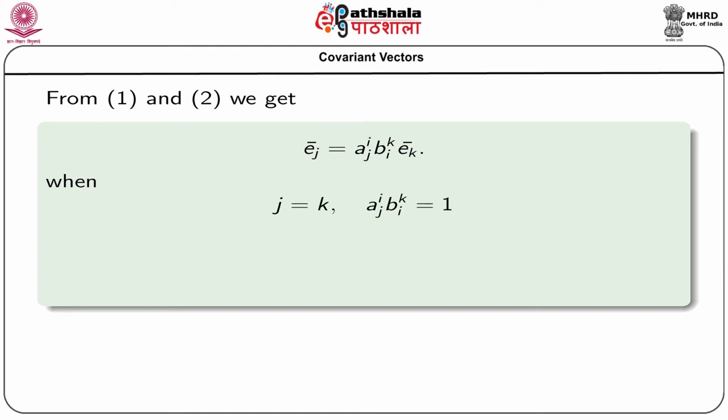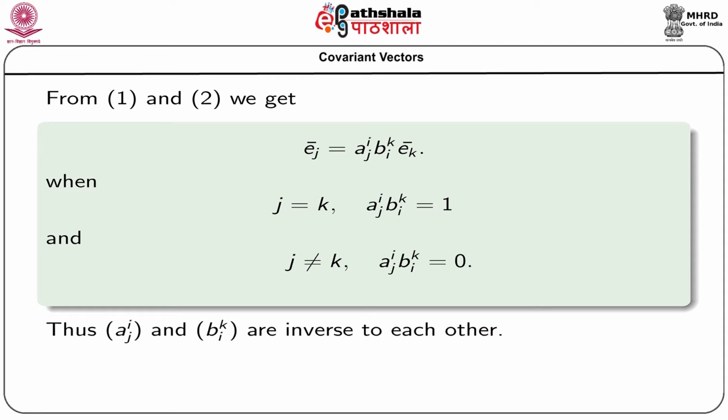Now, when j is equal to k, then we see that A^i_j B^k_i is equal to 1, and for j not equal to k, this expression is 0. Thus, what we can observe from these two expressions is that A^i_j and B^k_i are inverse to each other.